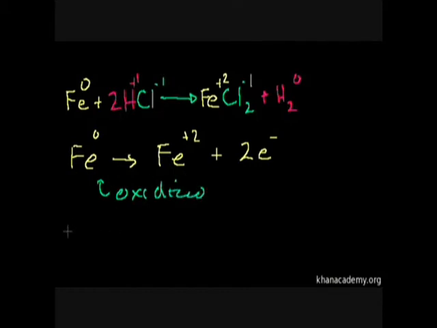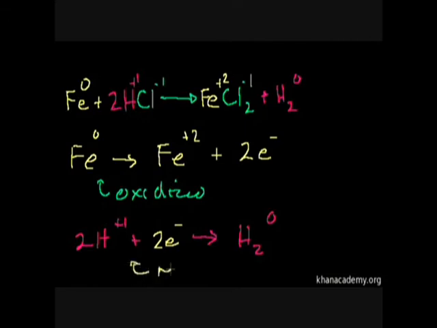The hydrogen went from 2 hydrogens with a +1 state to 2 hydrogens with a neutral state. So 2 electrons must have been added to the hydrogens. Their charge was reduced. So they were reduced. And what were they reduced by? They were reduced by the iron. What was the iron oxidized by? It was oxidized by the hydrogen.